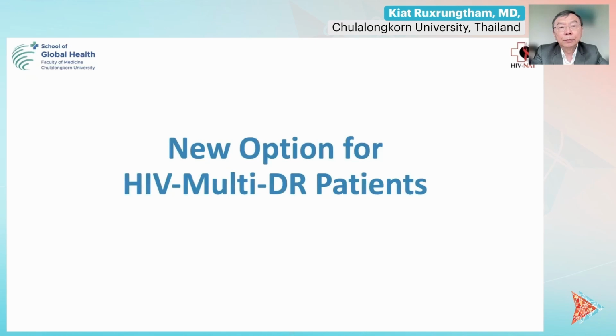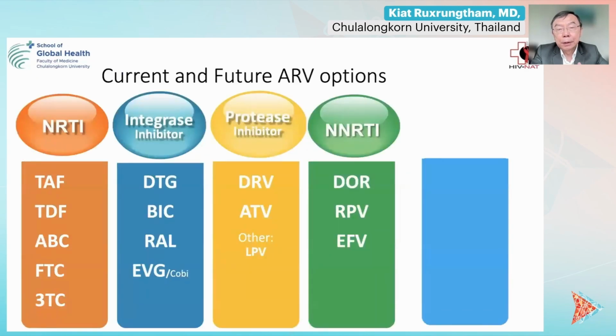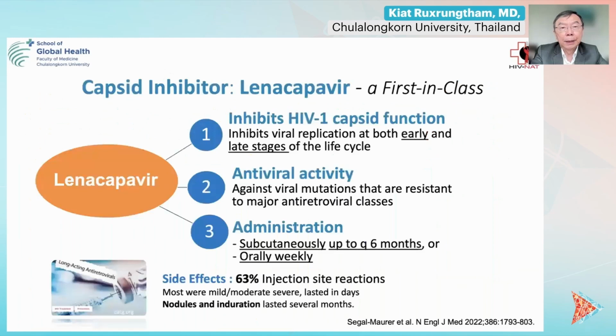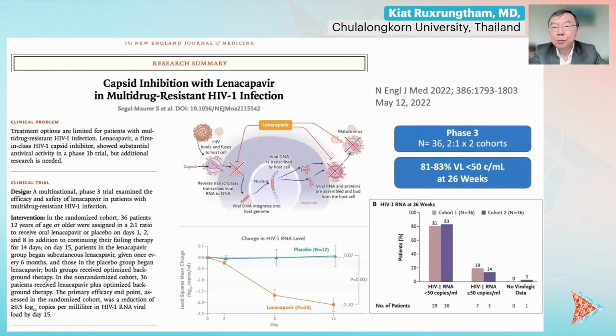So the new option for HIV multi-drug resistance is good news, as there's a new class, the capsid inhibitor, which has recently been approved by the FDA. In phase 2, these capsid inhibitors have been shown to achieve 80% or more virological suppression below 50 copies per ml.